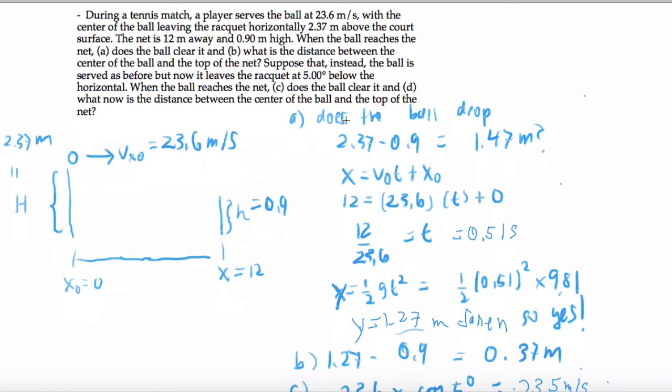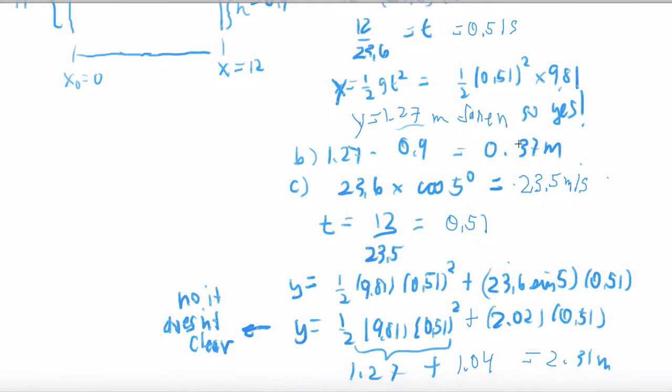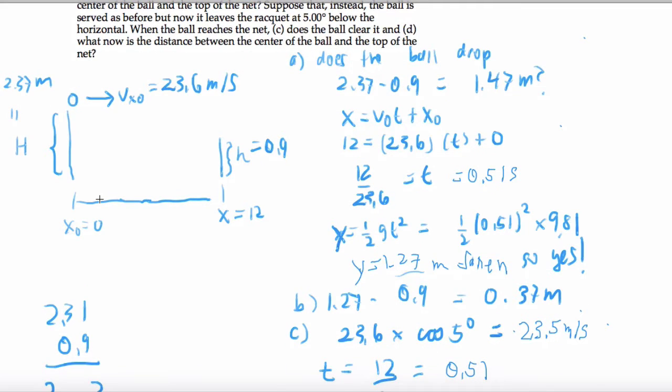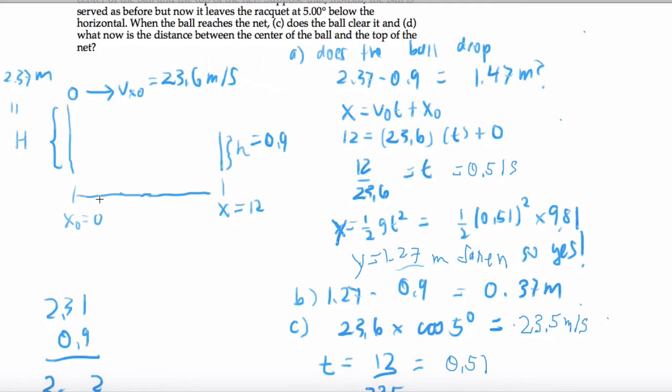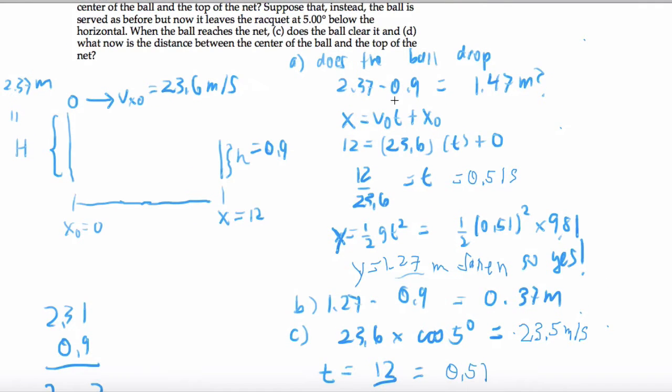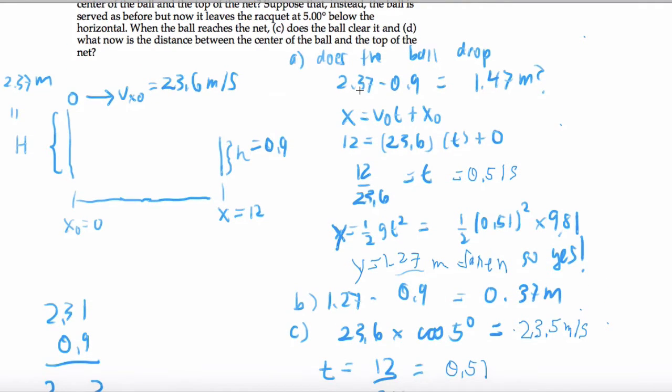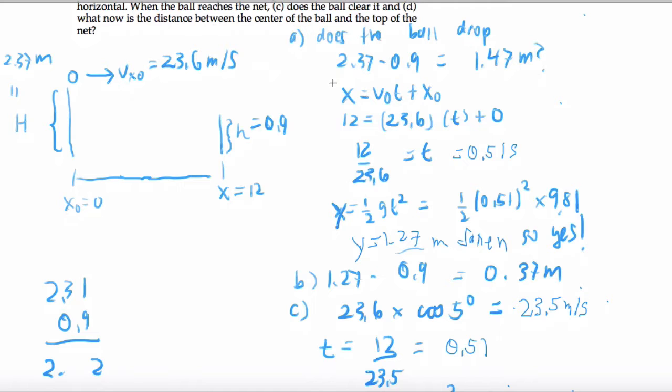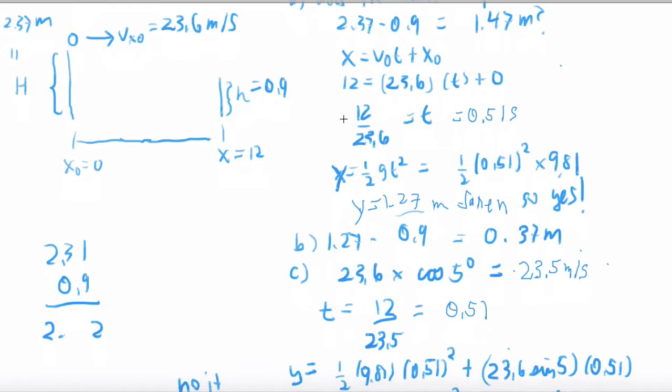Now what is the distance between the center of the ball and the top of the net? Let's be clear. That's going to be 0.9, and then 2.31 is what it falls. And so we end up getting 2. Well, what's interesting here is to hit the ground it would have needed to fall 2.37.